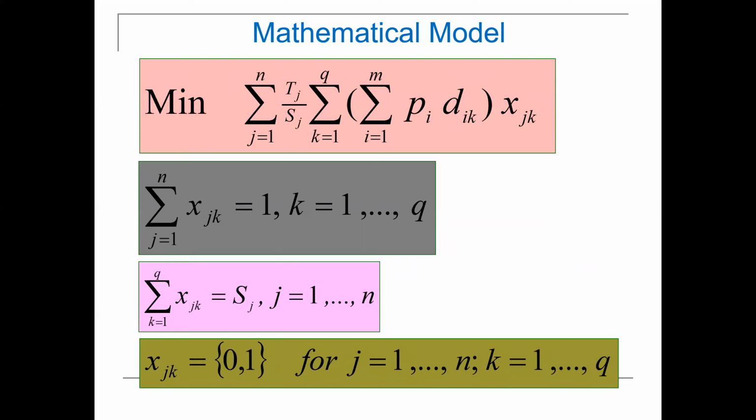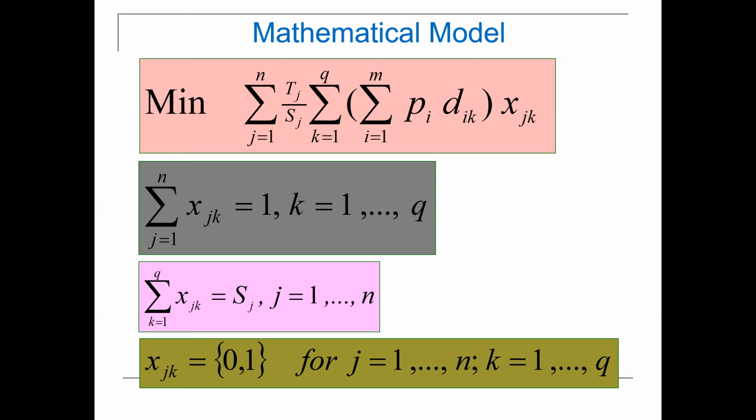So the mathematical model is here. As stated earlier, we have an objective function that is trying to minimize the total distance traveled. The first constraint, in that gray box, is looking at assigning only one product to one location.